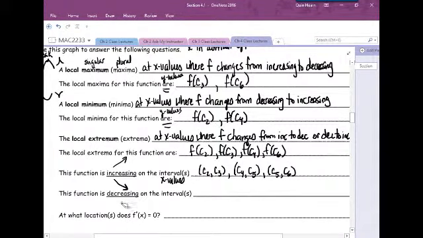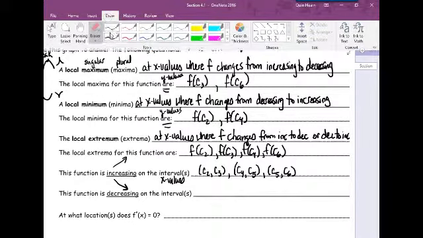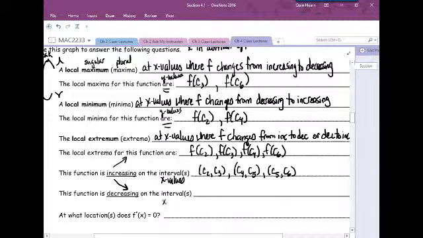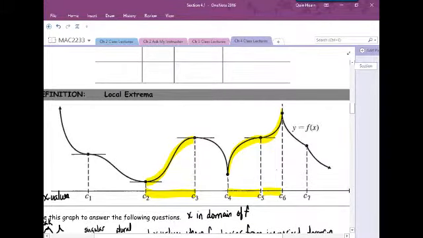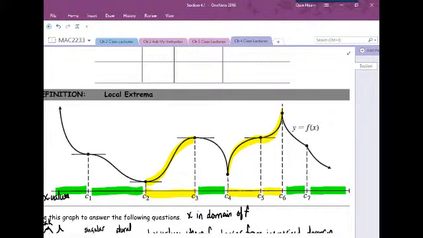Okay, this function is decreasing on which intervals. So again, whenever we ask you on which intervals, we're talking about x values. And it's going to be decreasing pretty much everywhere else, right? So we are going to have an interval from negative infinity to C1, from C1 to C2, from C3 to C4, from C6 to C7, and C7 to positive infinity.